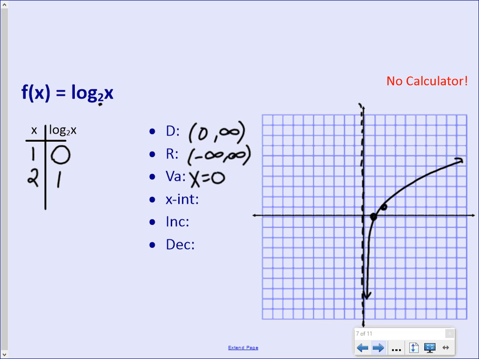They're inverses, x and y switch. The x-intercept on this one is listed for me. Okay, so this would be at (1, 0). And then is this graph increasing or decreasing? Increasing, over its domain from 0 to infinity. Questions about graphing the log?